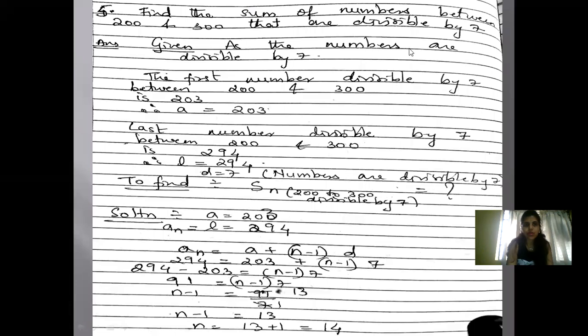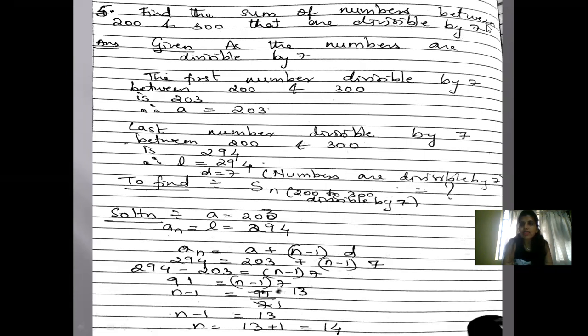In the next question, the fifth question, it says find the sum of numbers between 200 and 300 that are divisible by 7.